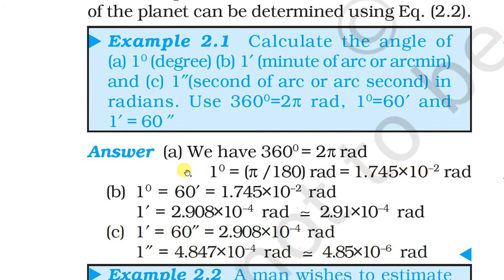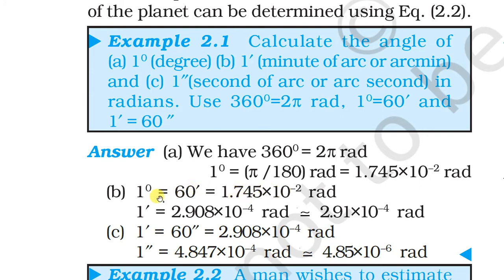Now the second one is 1 minute. 1 degree is equal to 60 minutes, which is 1.75 into 10 raised to minus 2 radian.